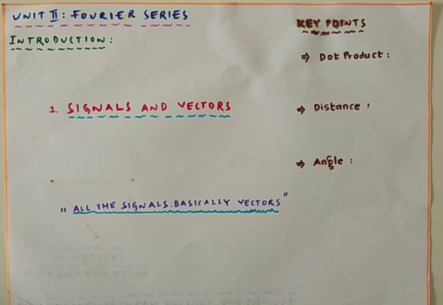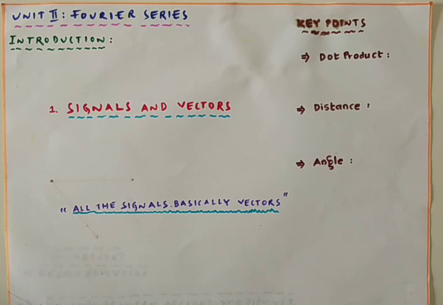So what exactly is the Fourier series? A Fourier series is an infinite sum of trigonometric functions that are used to model real valued periodic functions. Here the point is very clear. Fourier series is an infinite sum of trigonometric functions.